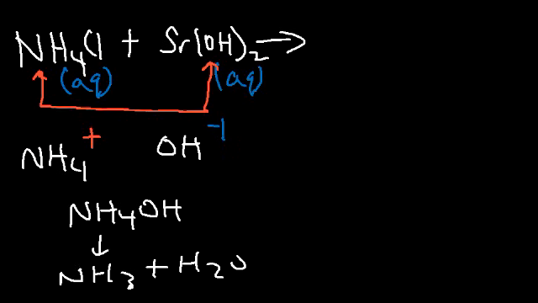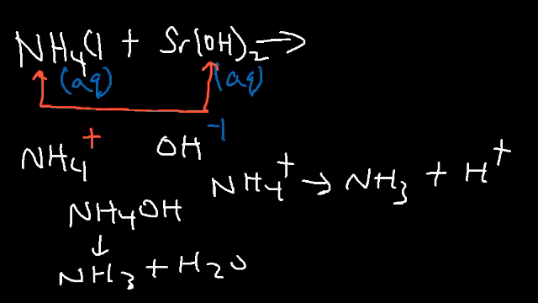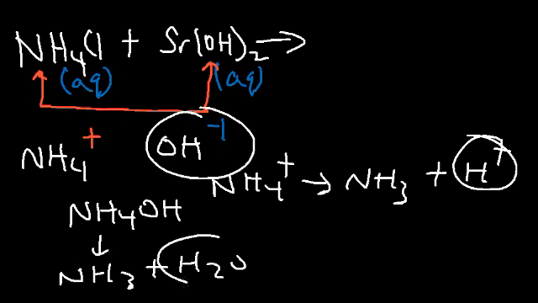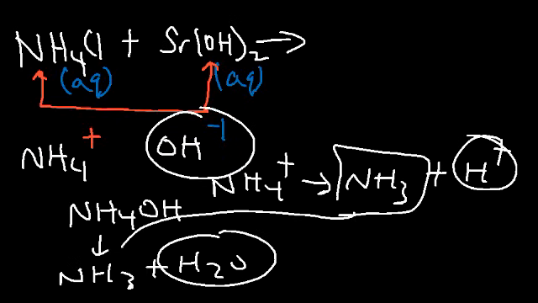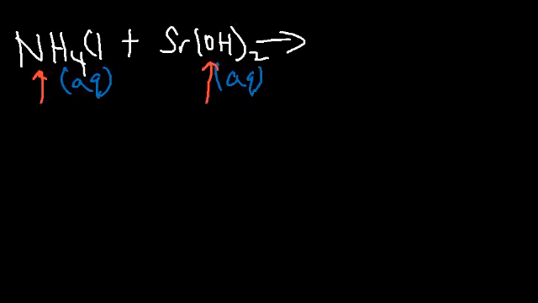Another way you can see NH4 plus can dissociate into NH3 and H plus. And so hydroxide reacts with H plus to form water, and the NH3, you can see it just stays as NH3. So whenever you get NH4OH as a product, know that it's going to break down into ammonia gas and liquid water. And you simply just have to know that.